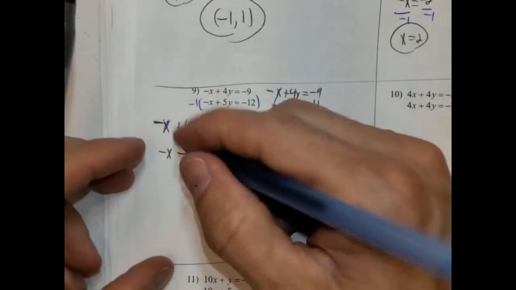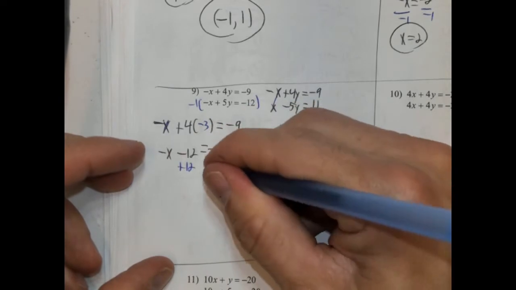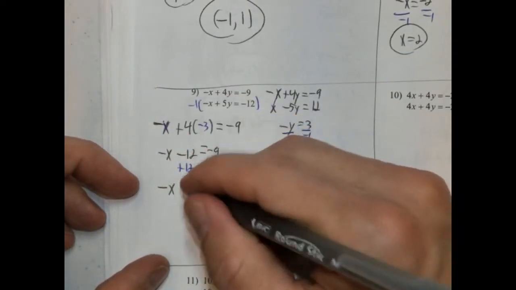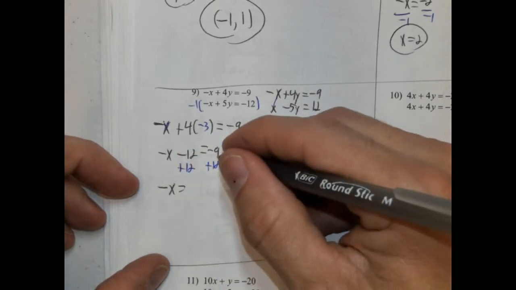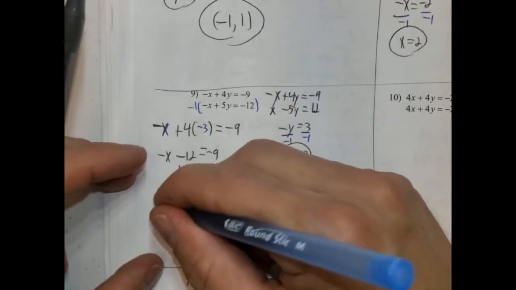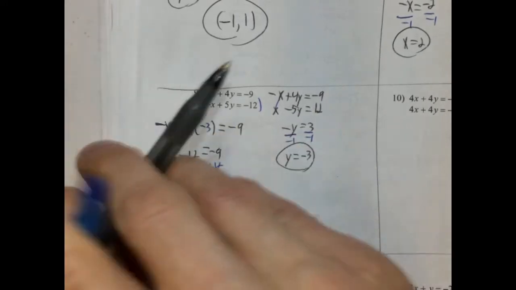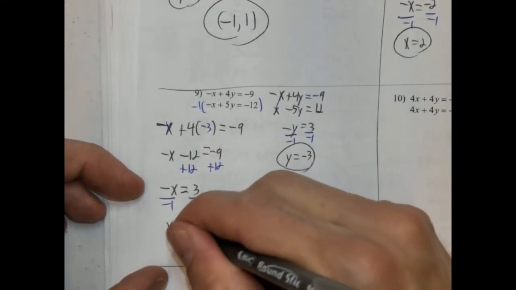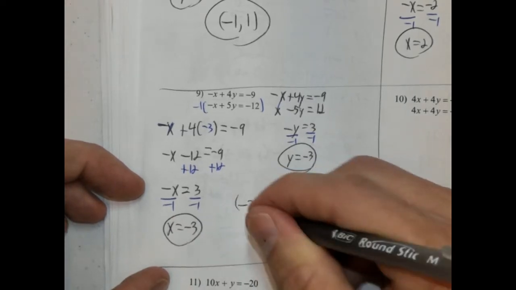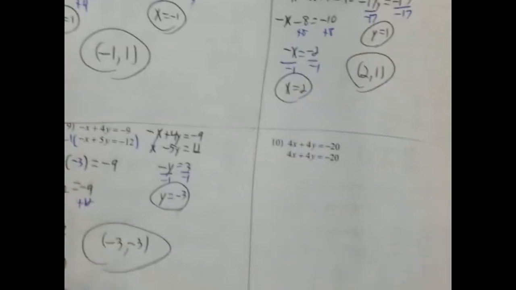We're going to add 12 because that's our constant. Get rid of our constant by using the inverse operation, which is going to be addition. -9 plus 12 is going to be 3. And then we're going to divide by -1 because -1 is our coefficient. So x is equal to -3. So we have -3, -3. It's always x, y. We write that as an ordered pair.